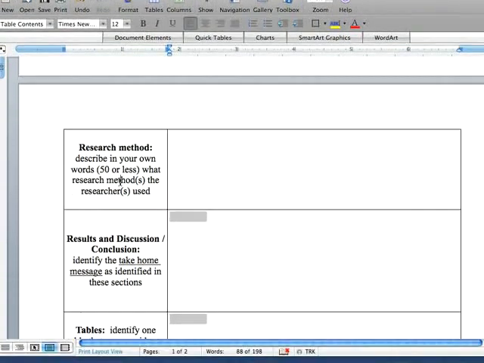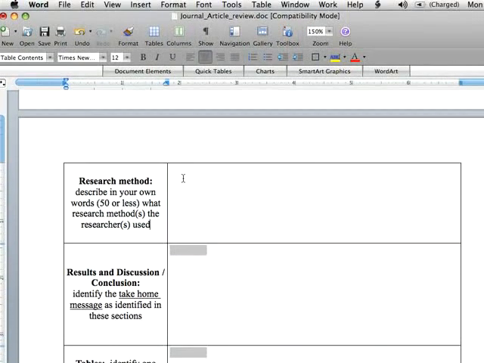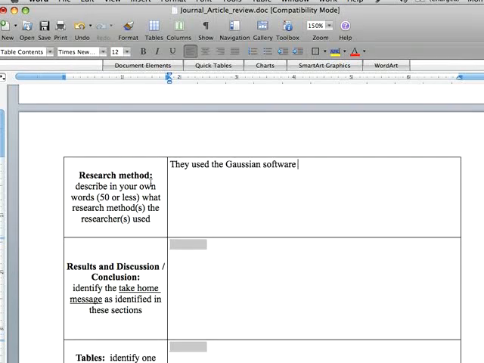But I would like you to get in the habit of reading, start now, the computational method or the research method, and try to describe in your own words how the researcher did it. It's going to be hard at first because you don't know a lot, but certainly you would say something like, they used the Gaussian software. So there's one thing you're going to say in your research method.